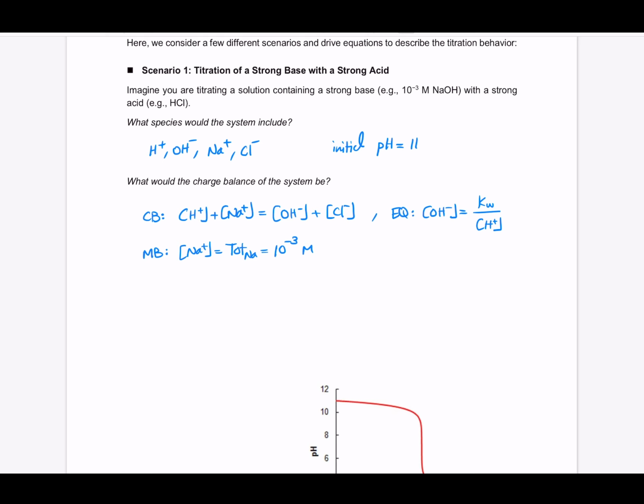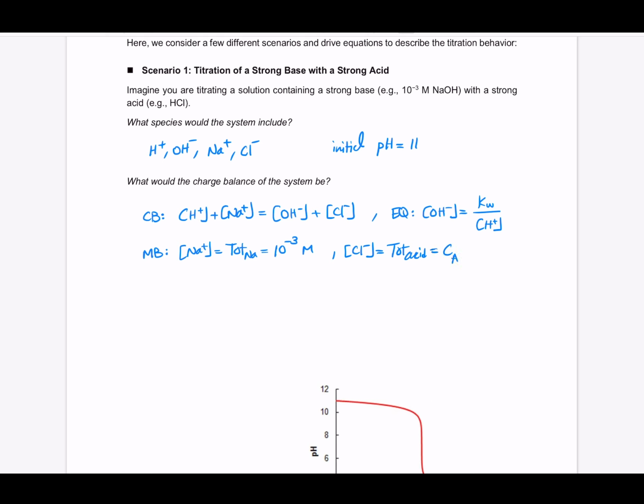What about in terms of the mass balance? How about the Cl minus? This is always equal, changing, right? And it's almost always equal to the total amount of acid that we're adding. Or let's call this C of acid.